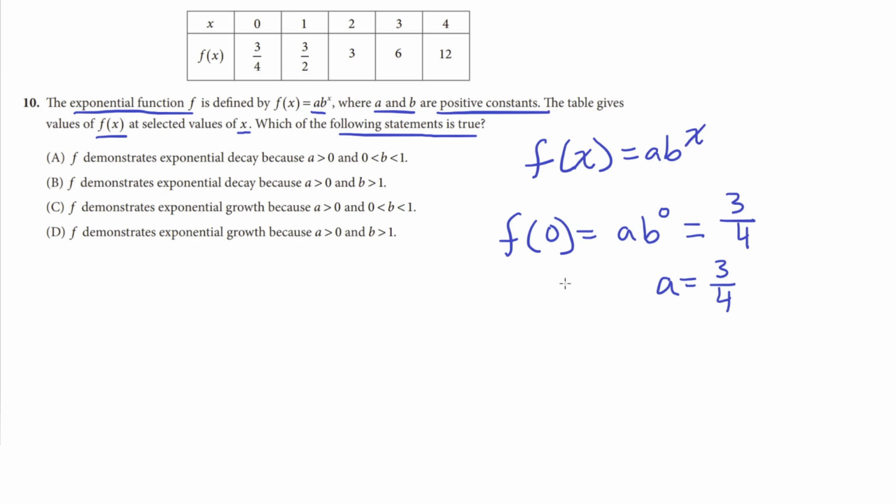So now we have the value of a, and we can use that to find the value of b. So let's use another point, like 2, 3, and plug that into the equation. So f of 2 equals a, which is 3/4, times b raised to the 2nd power, and this whole thing equals 3.